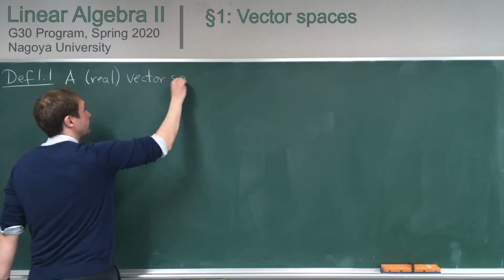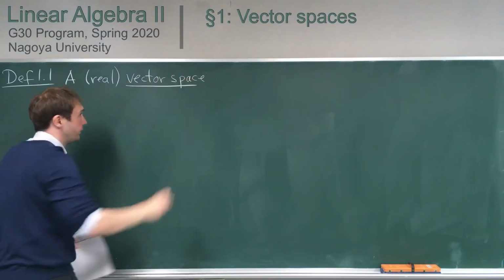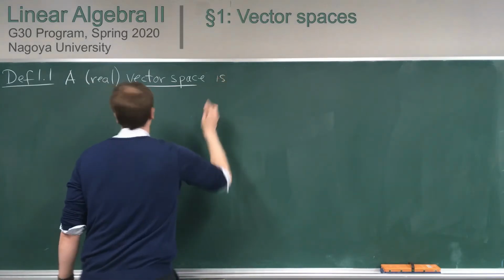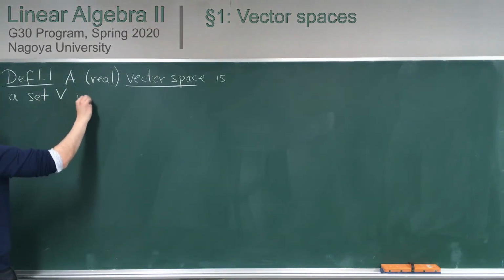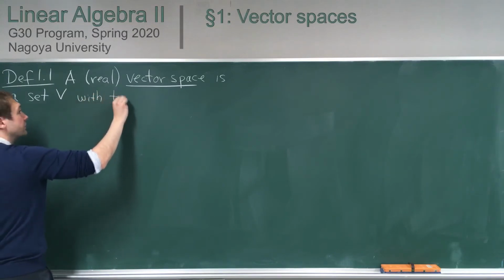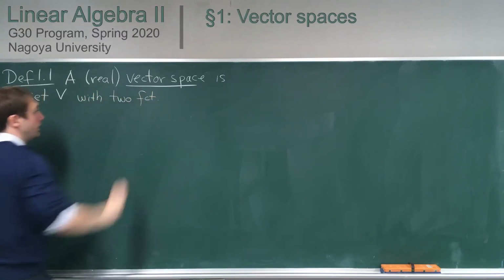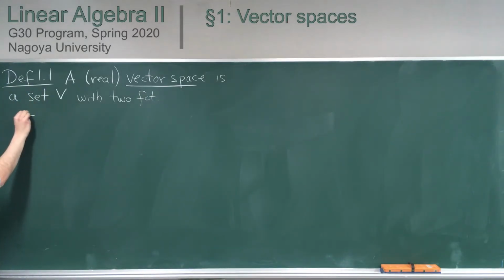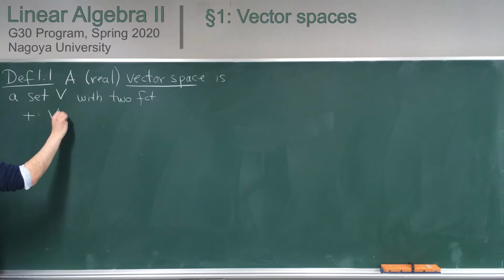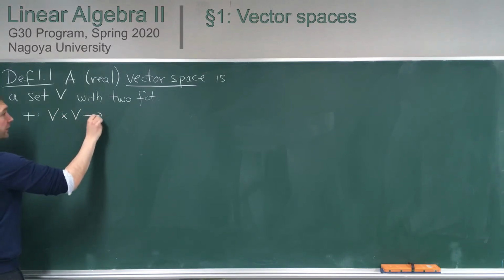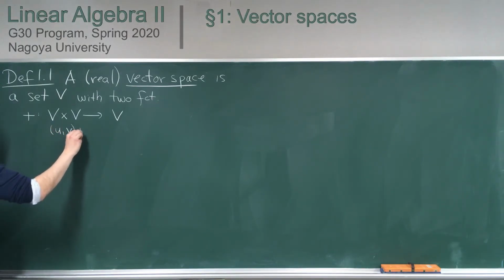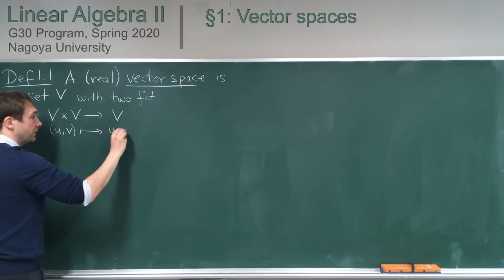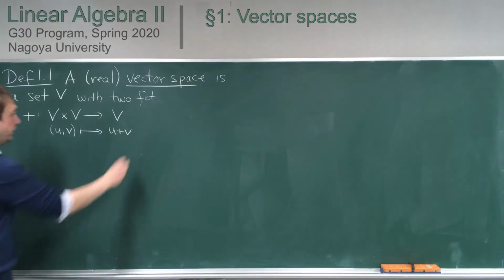So a vector space is a set V with two functions. And the first one is our addition. So we have a function where we can take two elements out of V and get again an element in V. So if I have a U and a V, I can make sense of U plus V. So this is the addition.